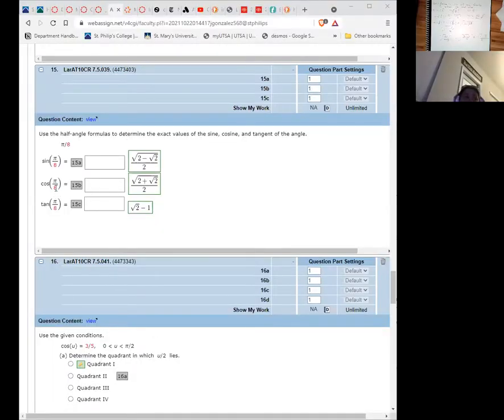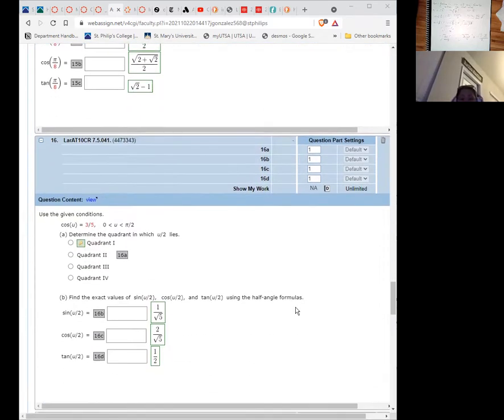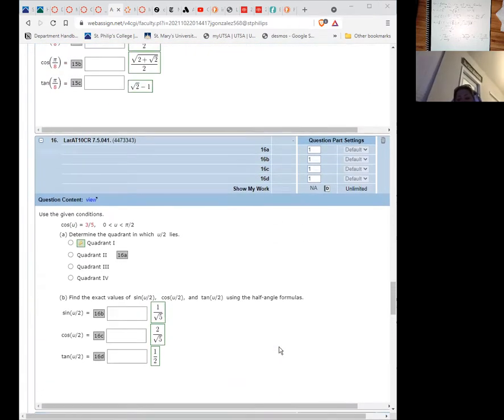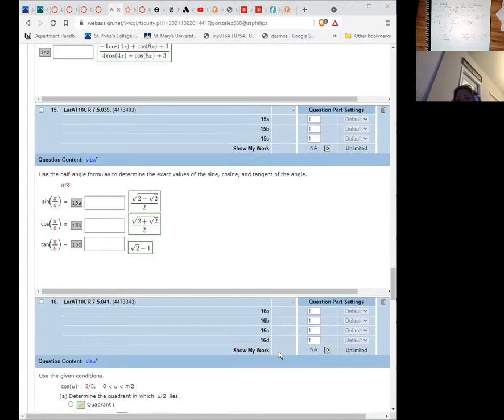See, the cosine is the same thing. It's just that the formula has a plus inside of it. And then tangent is a different formula. You just plug in the numbers. Oh, wait, sir, can you go back? I was writing that down for those. Oh, sure. Thank you.